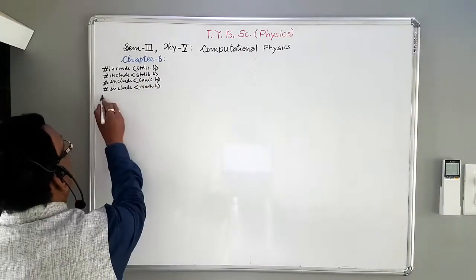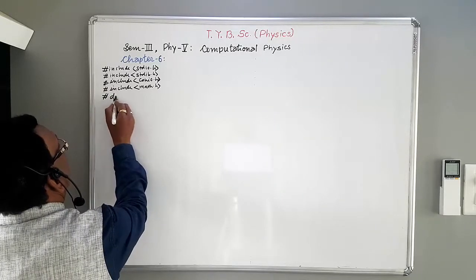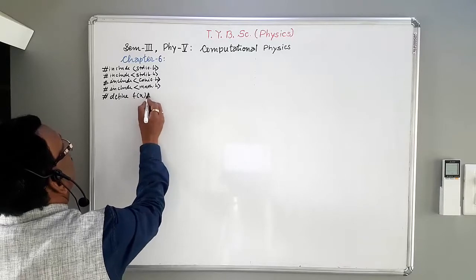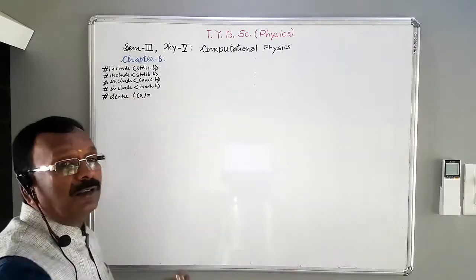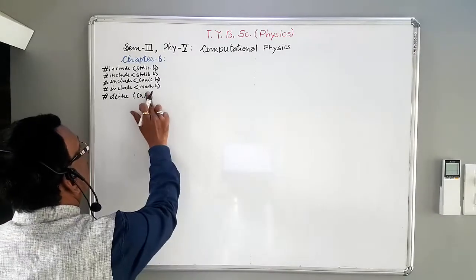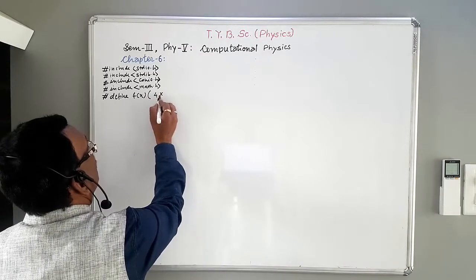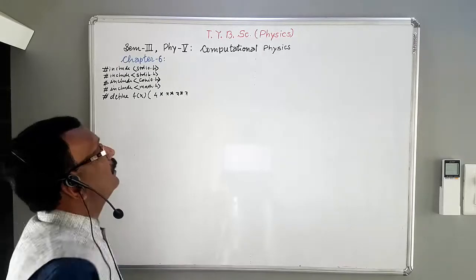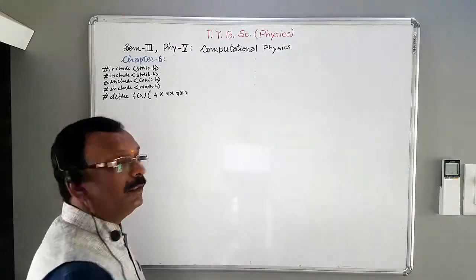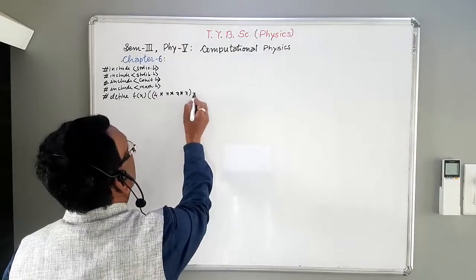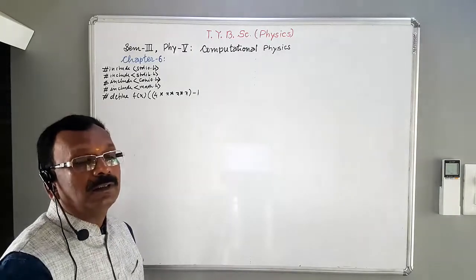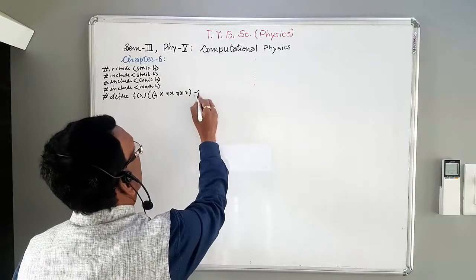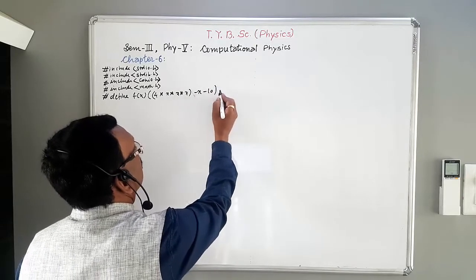Then here also we have to define the function. This function f of x is nothing but 4 into x into x into x, 3 times, minus x minus 10.